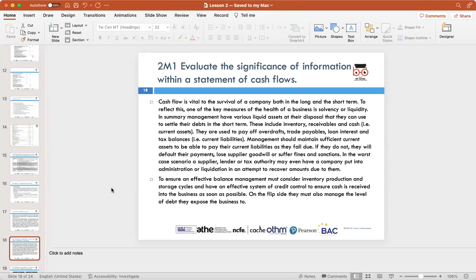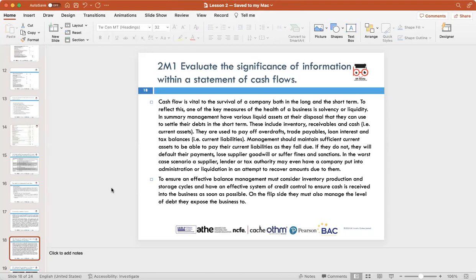On the flip side, they must also manage the level of debts they expose the business to. A company's ability to bring in money is critical to its success, both now and in the future, because solvency or liquidity is one of the most critical indicators of a company's health.